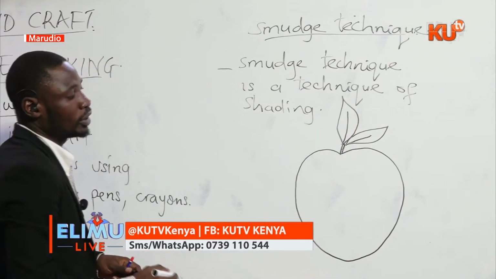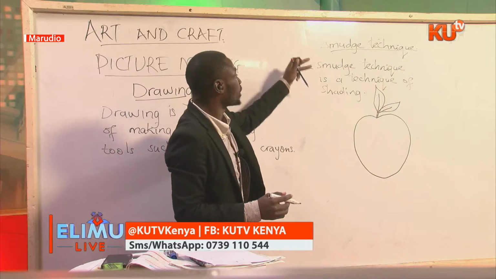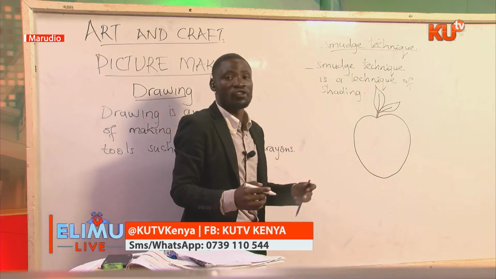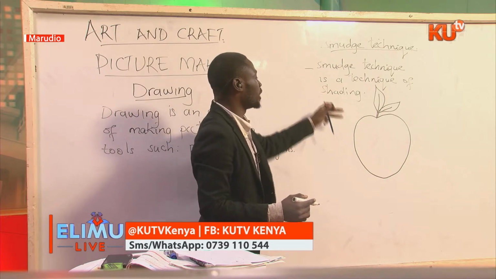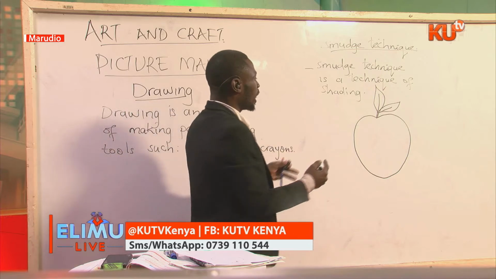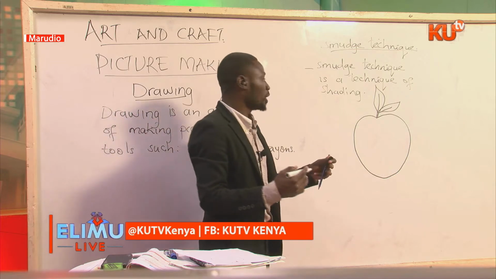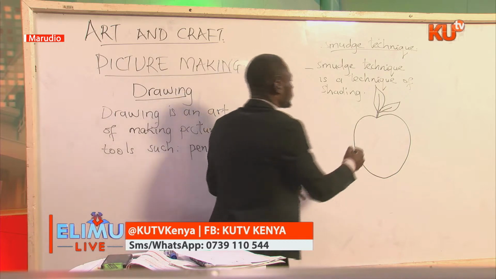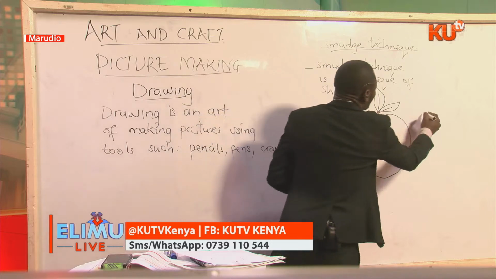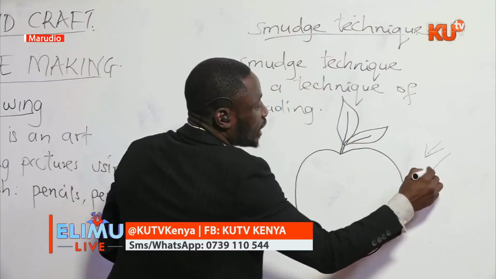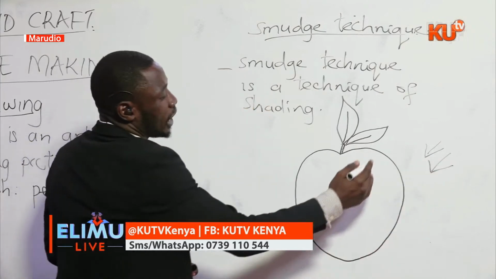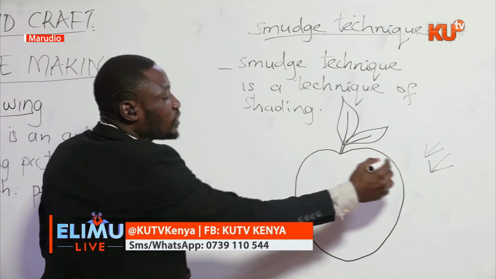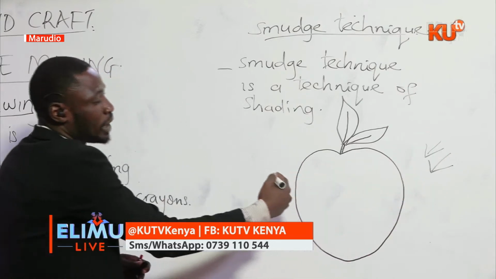If I want to use smudge technique on this pineapple, like I said earlier, smudge technique is a technique of shading. So how will shading help us here? Shading will help us to know which side is darker and which side is lighter. I will choose one side that the light is coming from, and I have chosen this side, my right hand side. So this side will appear lighter and this side will appear darker.